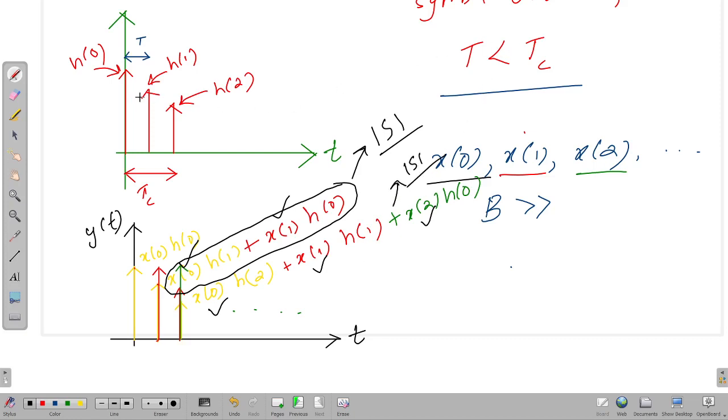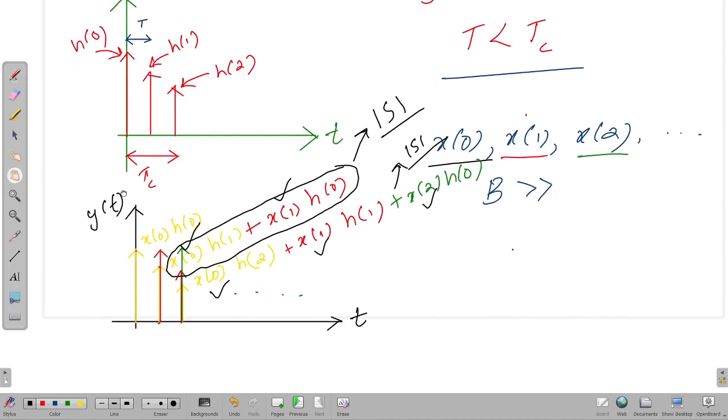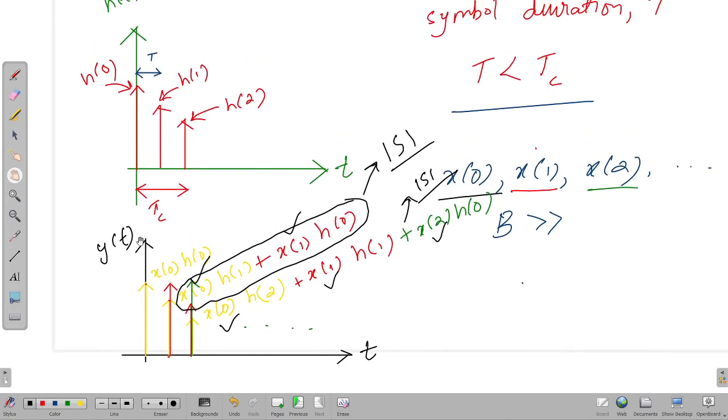So when you have the symbol time duration less than the coherence time, you have this problem of inter-symbol interference. How could you have avoided it? You could have avoided this by setting your symbol duration greater than the coherence time of the channel.